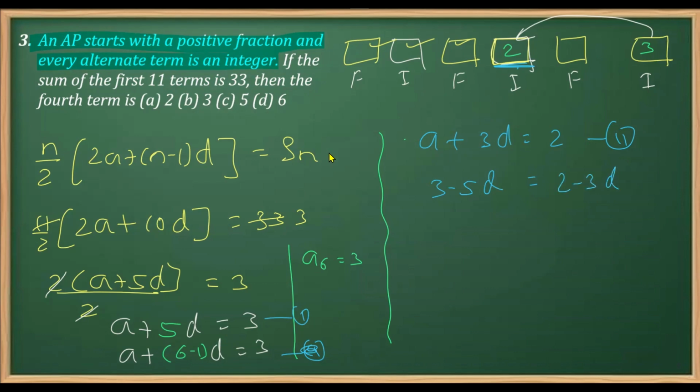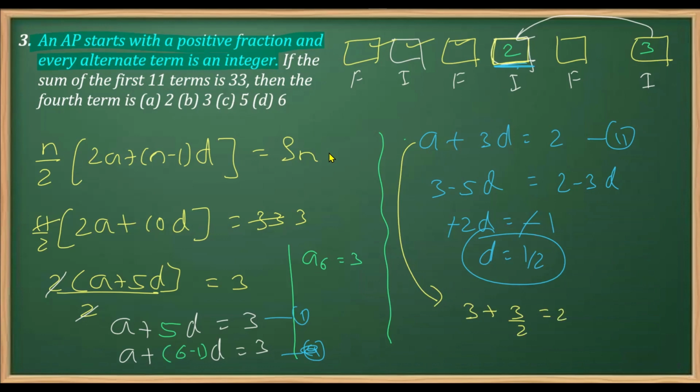So let's keep d on one side. It will give you minus 2d, and 2 minus 3 is minus 1. So we got d as half. Placing d as half here, we can get the value of a. Check here: a plus 3 times half, 3 by 2, is equal to 2.